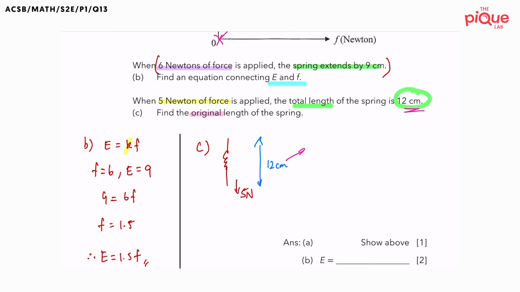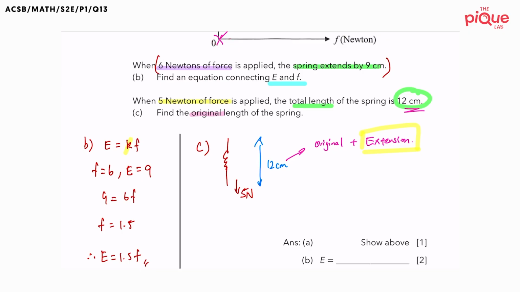This means that the total length can be seen as the sum of the original length of the spring together with its current extension. To calculate the original length of the spring, we will first need to work out what is the extension caused by the 5 newton force.